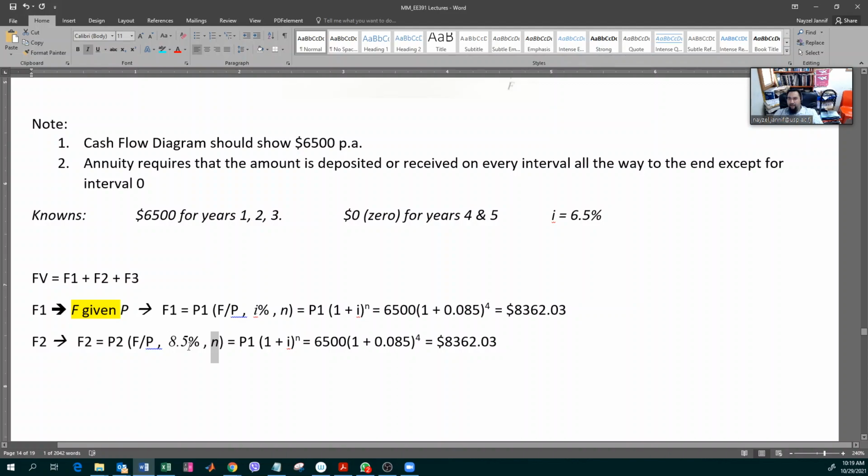Oh, sorry, yes, 0.065, 6.5%. What will be the n? There will be 3 now. So P2, 6500, 0.065. And what do we get, guys? 7,000 this time. Okay, so 7,000. Now let's do F3.